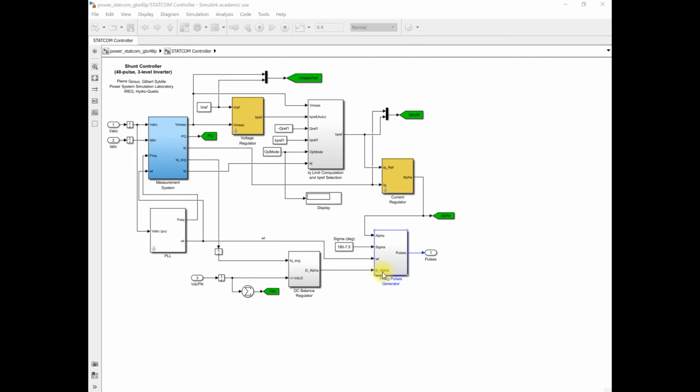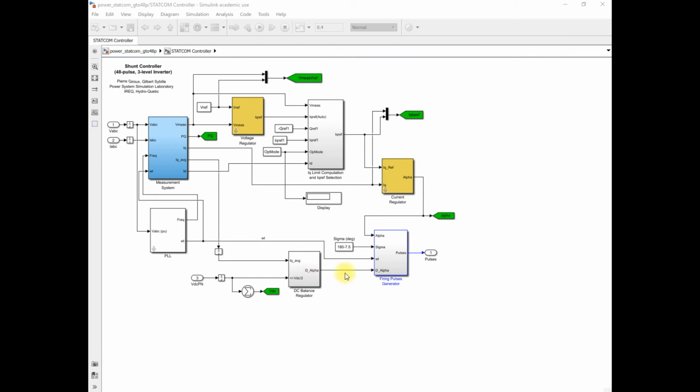So this D alpha is nothing but the alpha degree that is required to maintain the DC voltage at the input side of the voltage source converter. As we learned in the theory, at the input side of the voltage source converter we provide the DC source. To maintain this DC source at a constant value, we require real power flow from the power system. How much real power flows from the power system to the STATCOM is decided based on the D alpha.